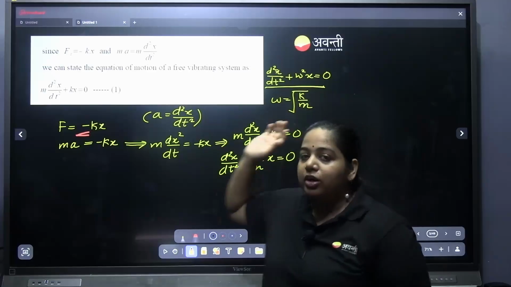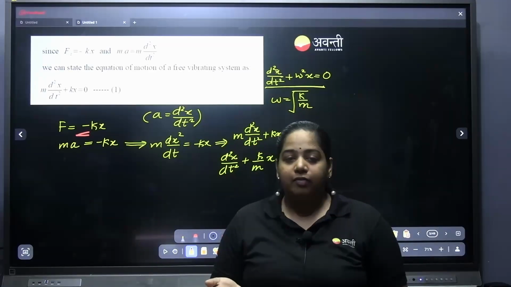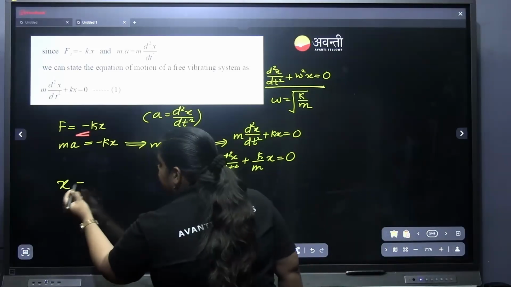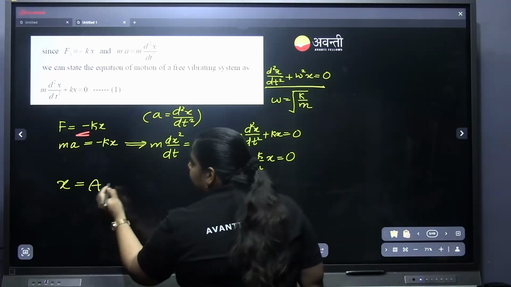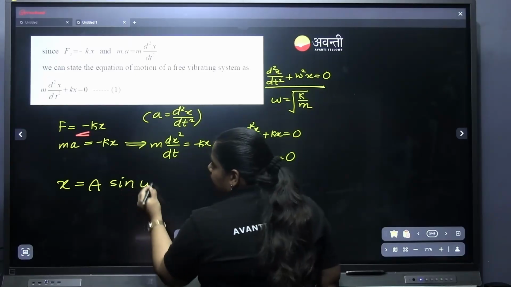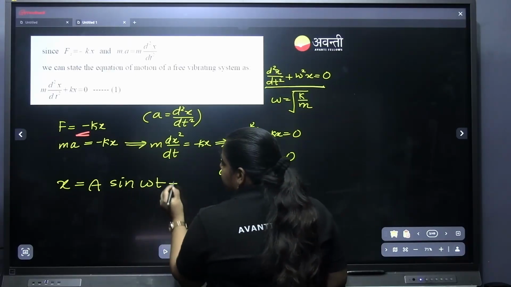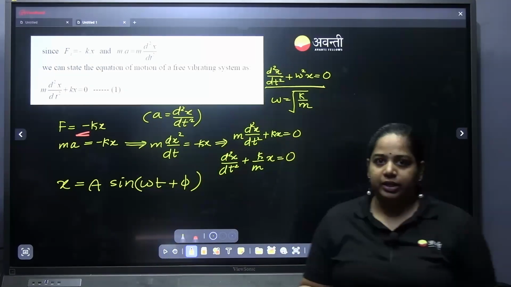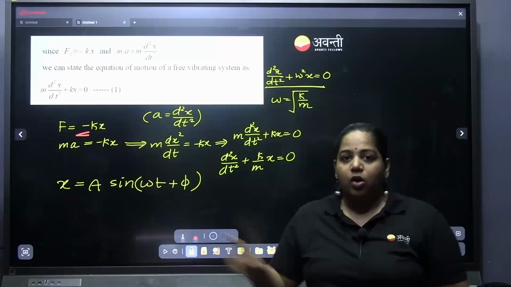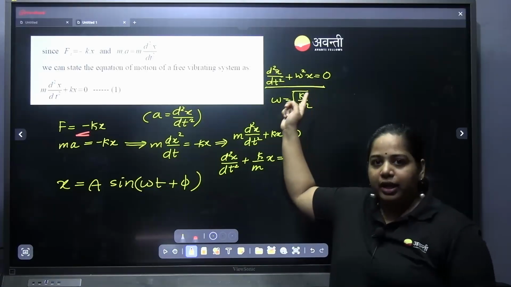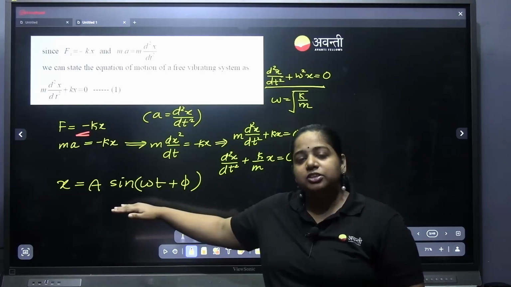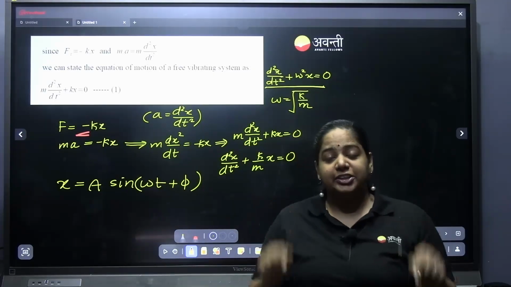But second order differential equations you are not solving in 12th, so we will directly take the result, x equal to a sine omega t plus phi. Like this we will assume the solution. A is a constant, omega is the same omega, root k by m, phi is phase constant.